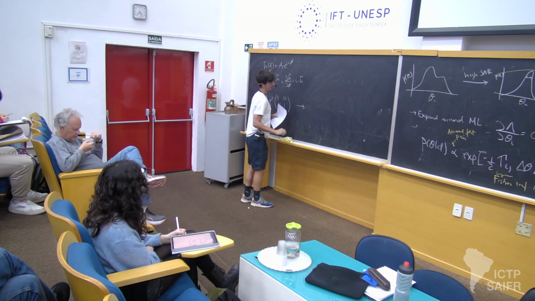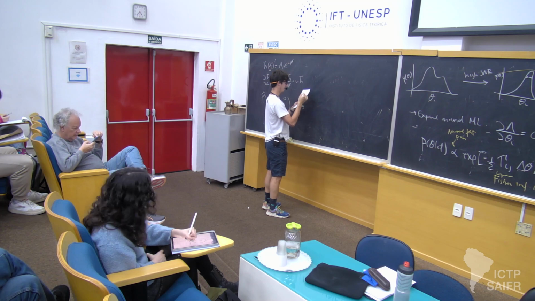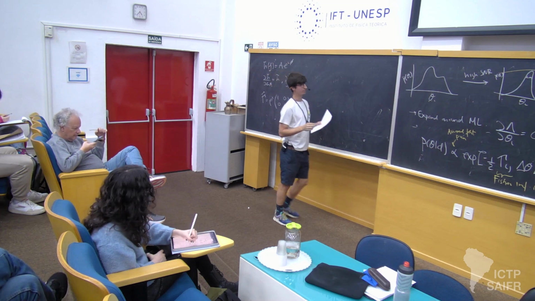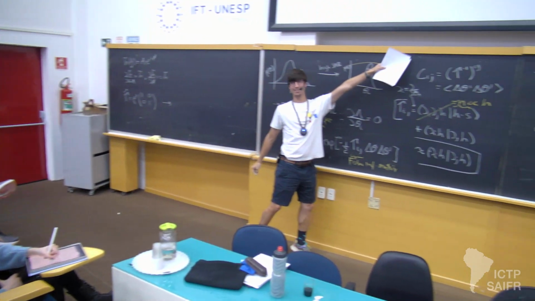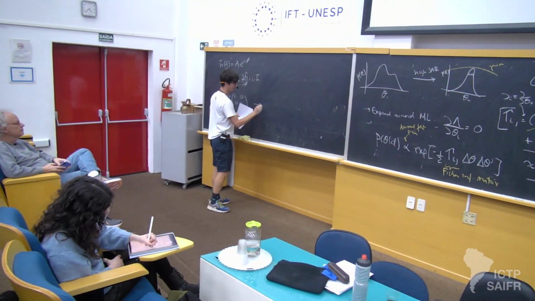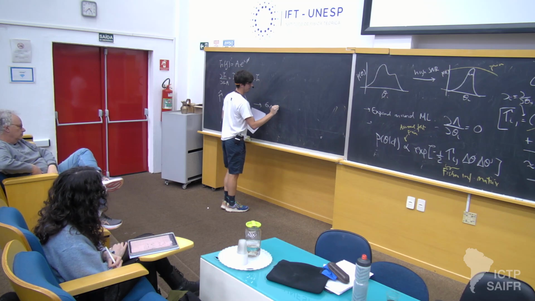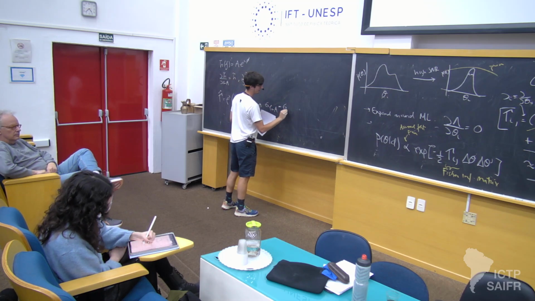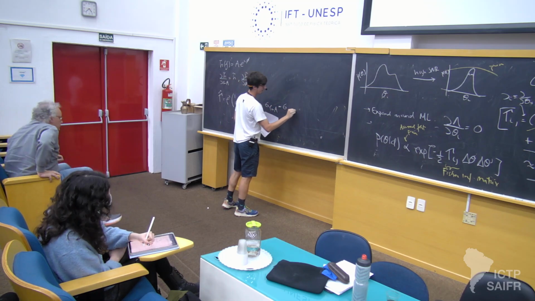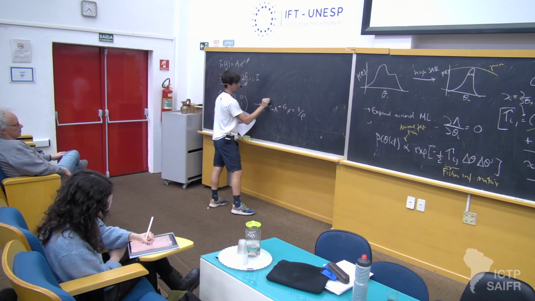I didn't say that, but this is the covariance matrix, and the diagonal elements are the variances. So you can see that the variance of the logarithm of A is equal to the variance of the phase, which both scale inversely with the signal-to-noise ratio squared.